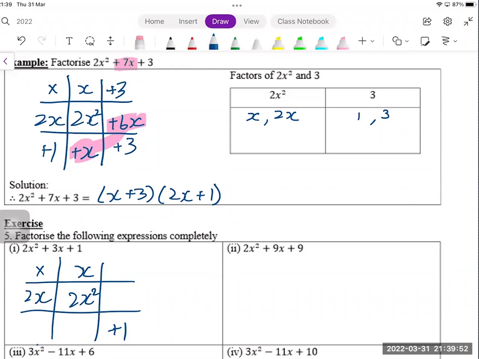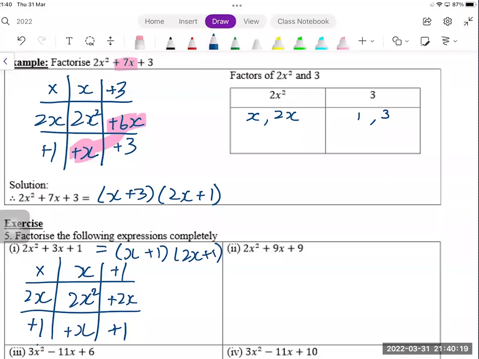So there isn't much trial and error to do. You just get x plus 1 times 2x plus 1. Actually, the next question also doesn't have much positioning to talk about.